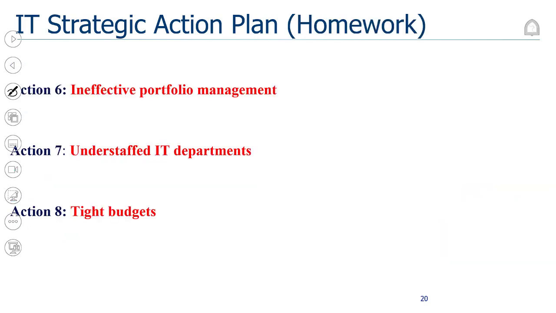Okay, and to finish off, I put in something for you to do to carry on with that. I left those other two: ineffective portfolio management and understaffed IT departments. Let me see what you would do for those. So for example, for ineffective portfolio management, what could be the action?